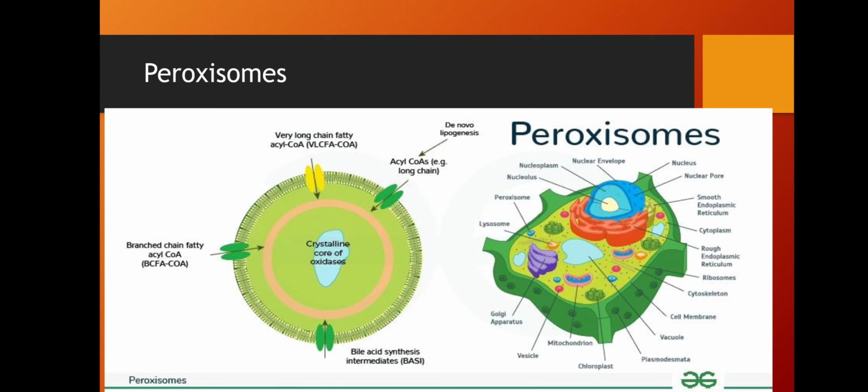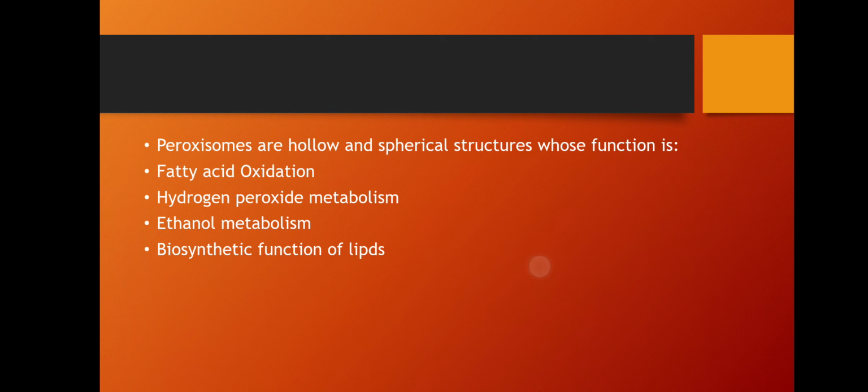So one, it is involved in the metabolism of fatty acids. It is a site for both alpha and beta oxidation. Peroxisomes are hollow and spherical structures, and the main function is to do what? Carry out fatty acid oxidation, both the alpha and beta oxidation.